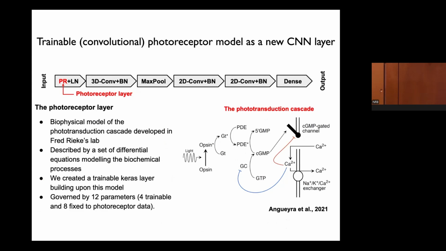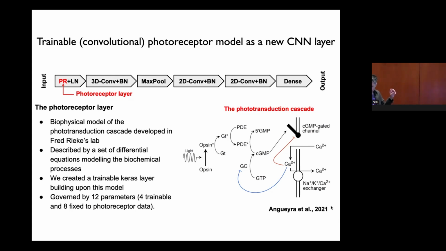And so we know a fair bit about the different retinal cell types and their biophysics, starting with the photoreceptors, which, as you'd all know, measure light coming in from the environment. They do so with this signal transduction cascade that starts with this cis to trans photoisomerization of opsins, and then it kicks off this whole G protein cascade, leading to ion channels opening and closing in the cell membrane.